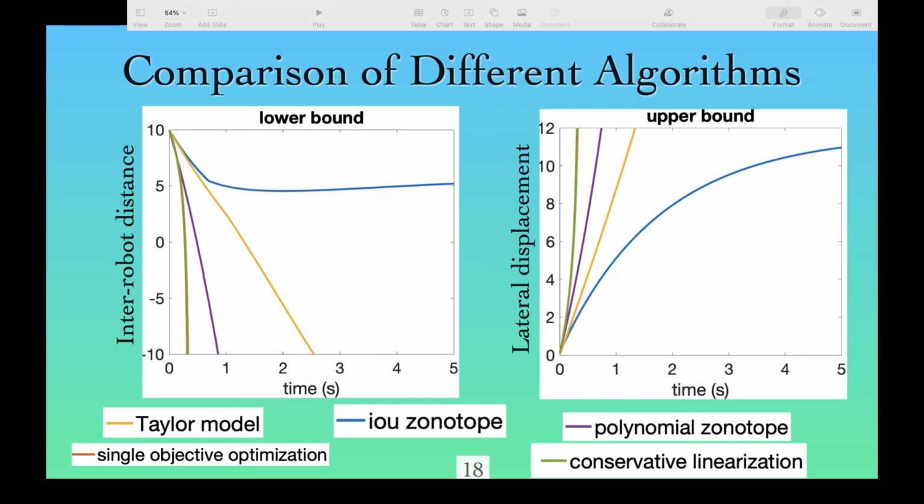From the graphs, we can see that for the first property, the maximum lower bound is somewhere close to 5. This is what I get with the IEO zonotope. And the challenge will be to get a bound which is higher than that. For the second property, where I try to bound the lateral drift, the upper bound is somewhere close to 11.